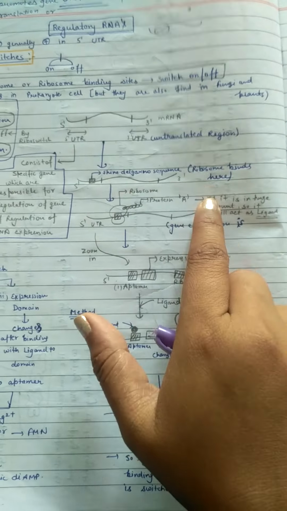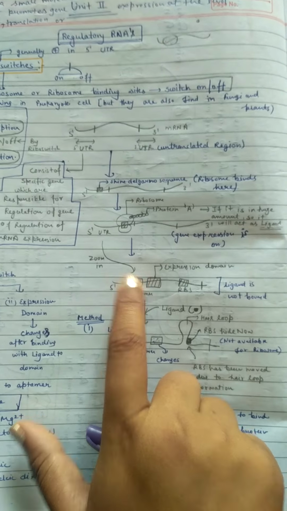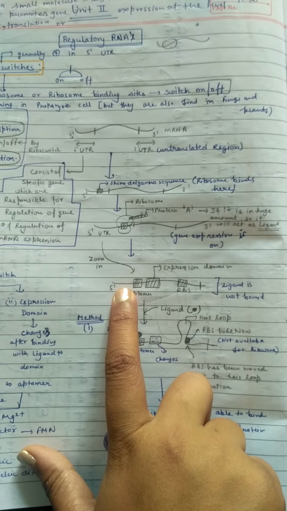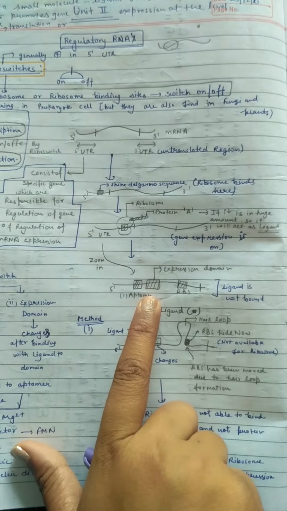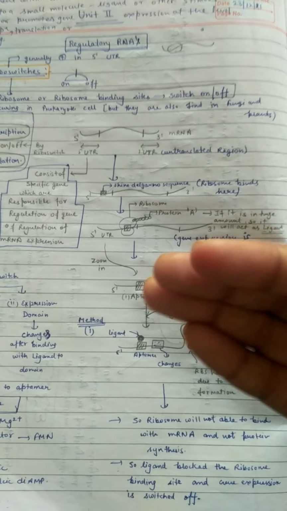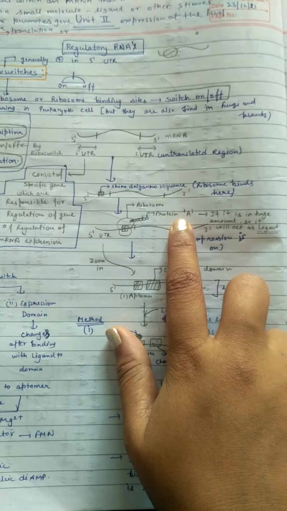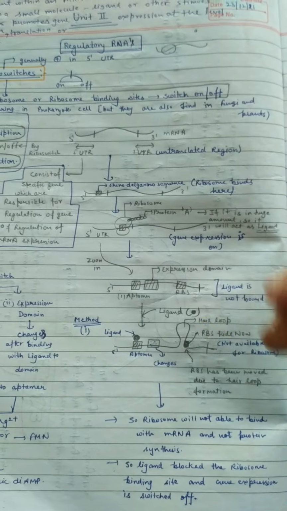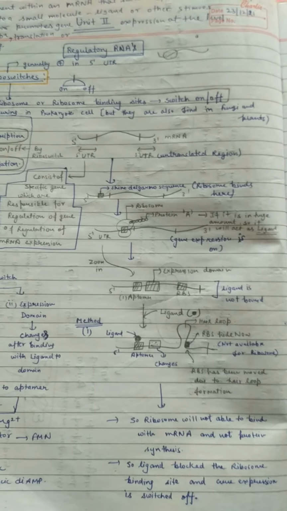As I told you, when any stimulus or ligand binds to the riboswitch at the 5 prime site where the ribosome subunits bind, it leads to changes in the expression of the gene, right? So when protein A is formed in very high amount, it can act as a ligand, right?